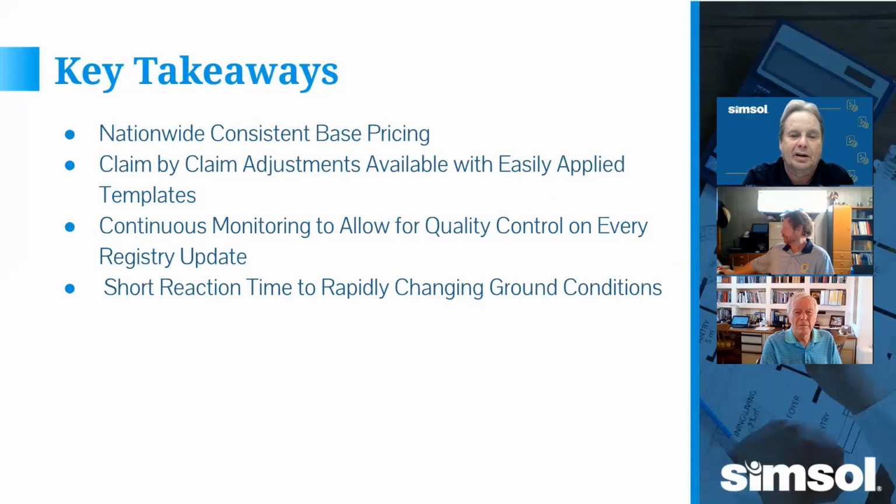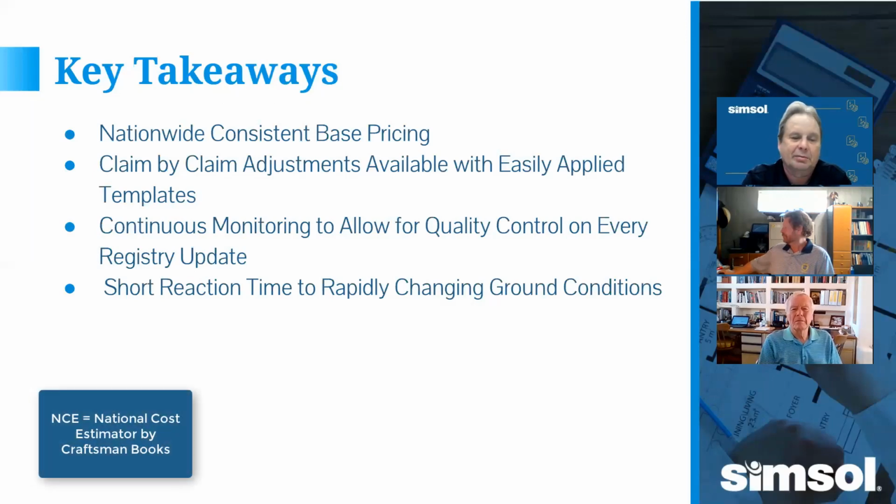And now we've dug even deeper to bring them in exactly as they're needed. We've added the claim-by-claim adjustments with easily applied templates. That's just a software way of saying one click instead of 10. And that way, the adjustments that we're making are documented inside the NCE books and in their databases, and we're adhering to those.